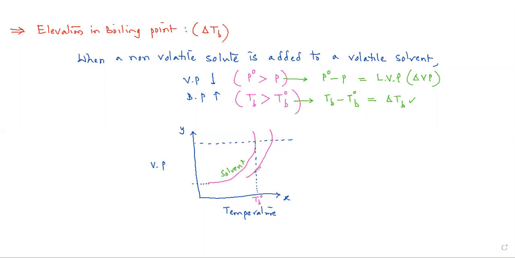Let me just take it this way. Because we know that the vapor pressure of the solution is less. So let this be P naught and this be P, right?